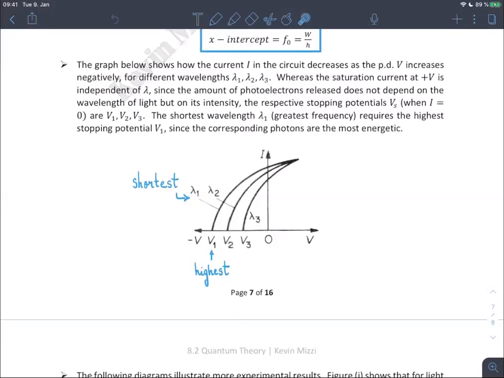Remember that energy and frequency are directly proportional to each other. It is interesting to note that if a positive voltage is applied across the photocell, then we get the same current irrespective of the wavelength of light. Of course, assuming that the intensity of light is kept constant.